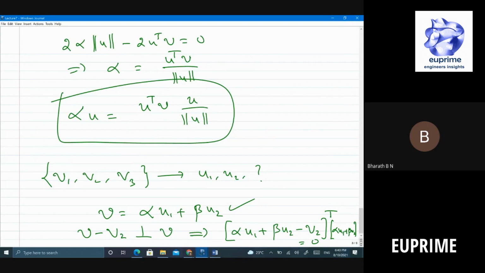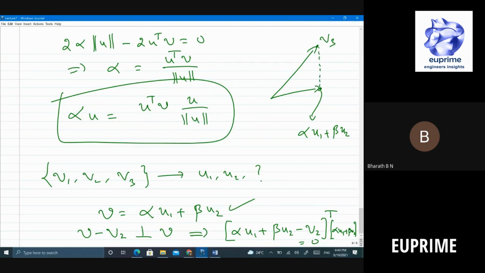There are other ways of figuring this out. For example, this is the vector, and let's say this is a 3-dimensional vector. This is alpha U1 plus beta U2, or let's say U1, U2, right? That's what we had. This is some V3. I want to minimize this distance.